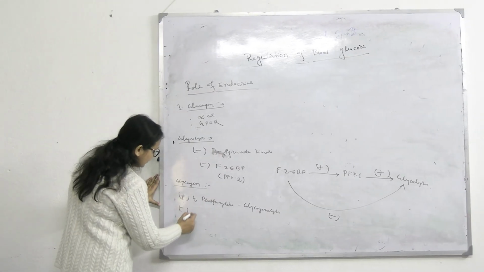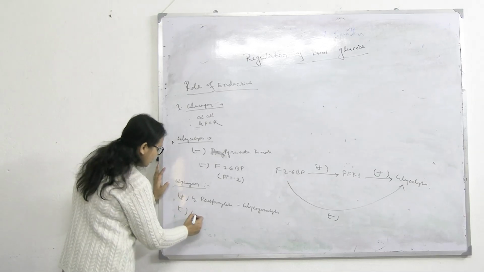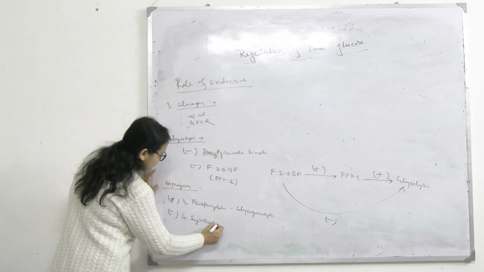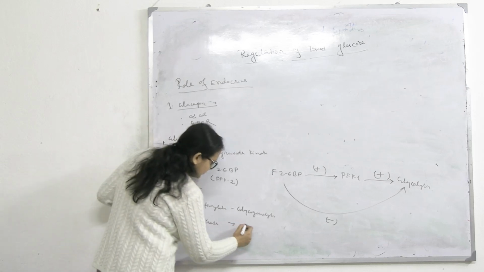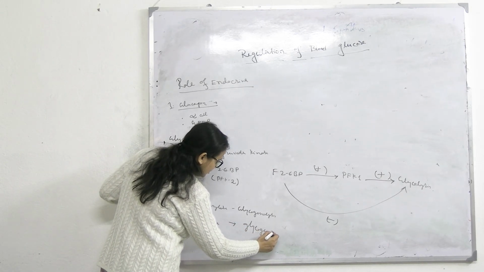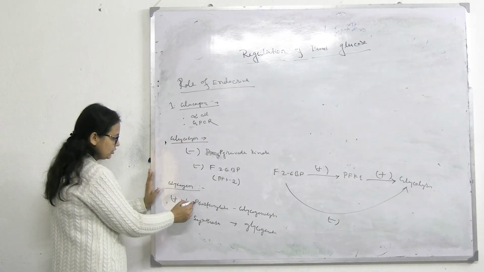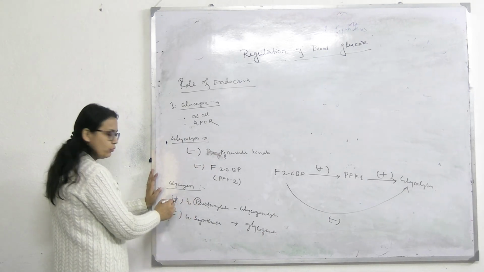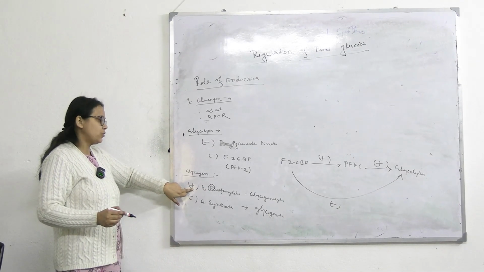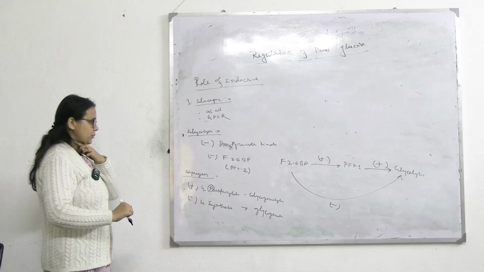So it will inhibit the key regulatory enzyme of glycogen synthesis. What is the key regulatory enzyme? Synthase. Glycogenesis. You can remember easily that here P is for positive. It gives a positive effect to glycogen phosphorylase. This is about glycogen metabolism.